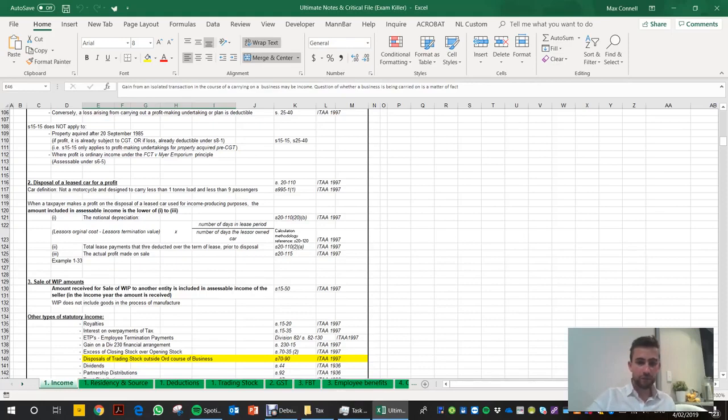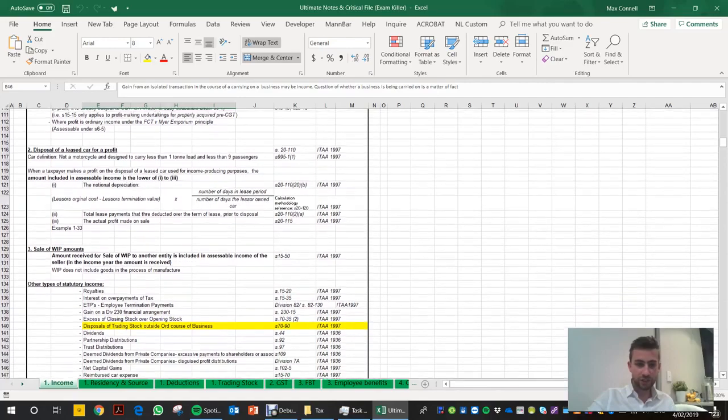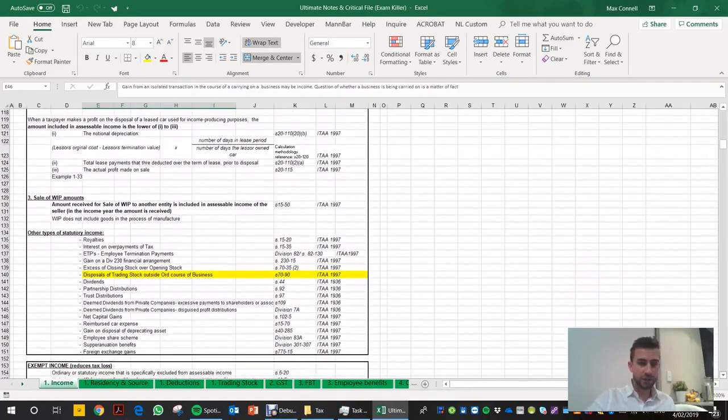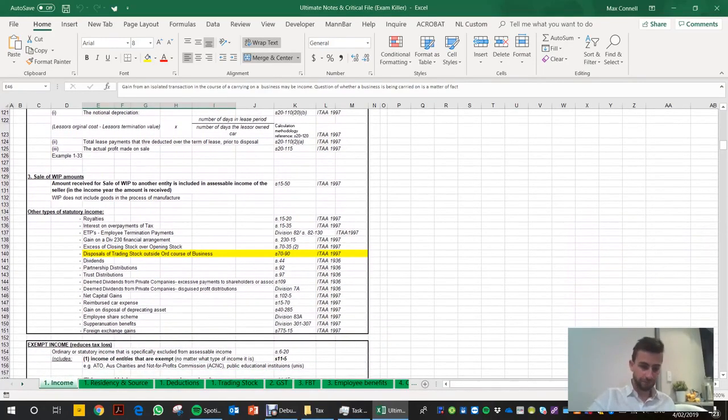The sale of WIP amounts. Okay, I have seen this occasionally in tax reconciliation questions. So if you sell WIP to another company, for example, you might be KPMG and you do professional services, and you have a lot of WIP on your jobs, and you decide to sell your client list, your intangibles, and you've sold your WIP as well, which they can bill to another client.